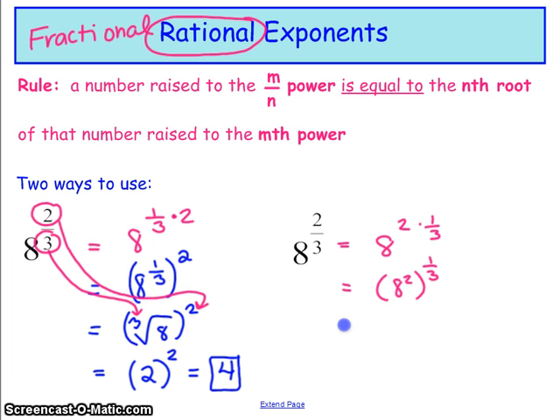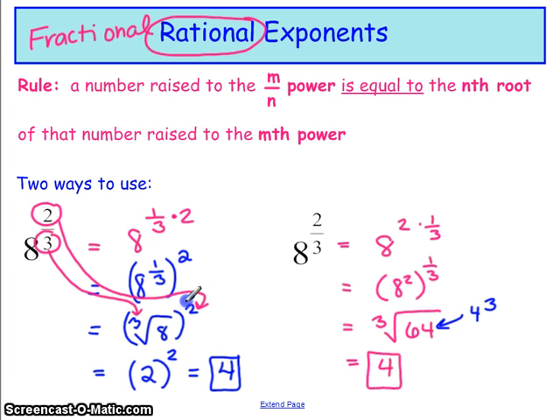So I would make it the cube root because it was 1/3, and I would do 64 on the inside. And since I know that 64 is 4 to the third, I could say that my answer, the cube root of 64, would be 4, because when you multiply 4 by itself 3 times, you get 64. So no matter which way I do it, you get the same answer, which you should. 8 to the 2/3 is definitely 4.